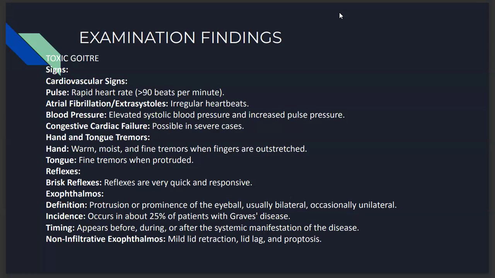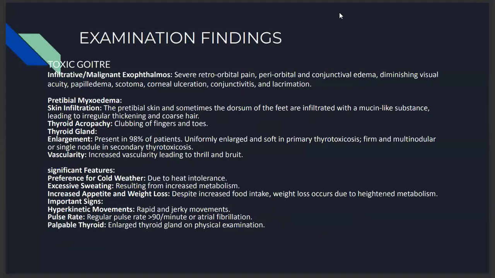Non-infiltrative exophthalmos: mild lid retraction, lid lag, and proptosis. Toxic goiter, infiltrative exophthalmos: severe retro-orbital pain, periorbital and conjunctival edema, diminishing visual acuity, papilledema, scotoma, corneal ulceration, conjunctivitis, and lacrimation.